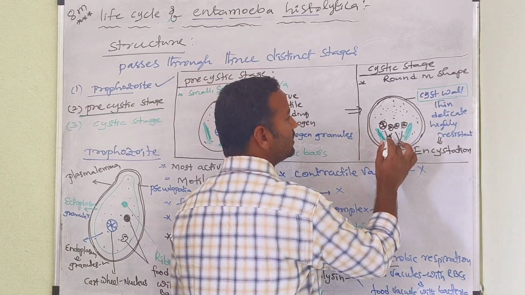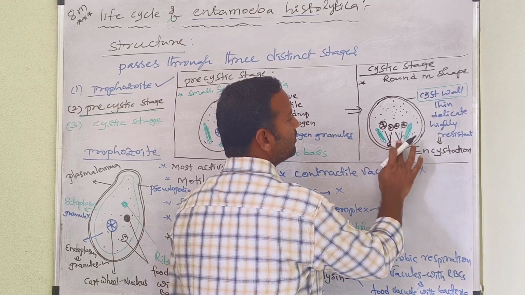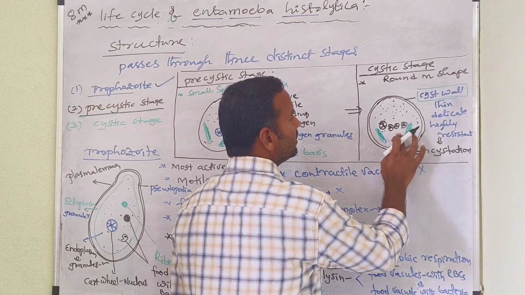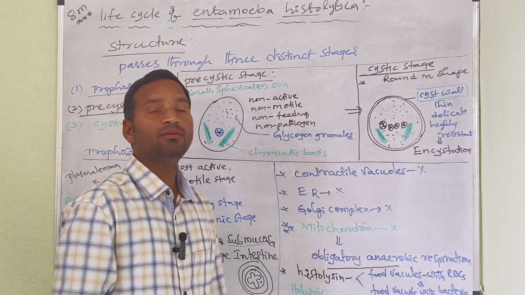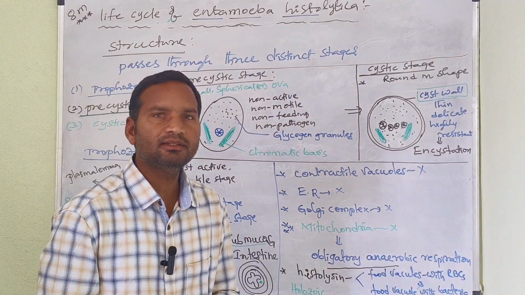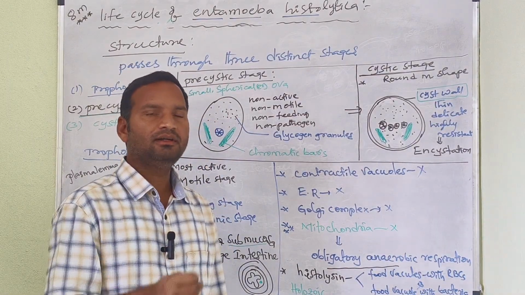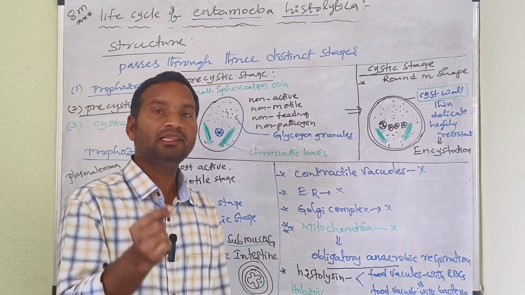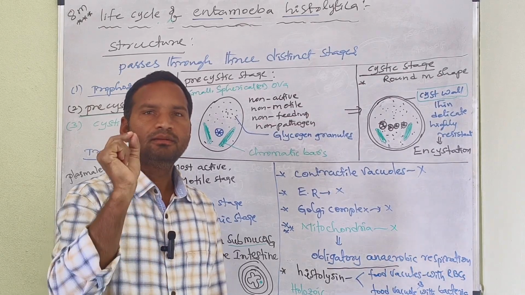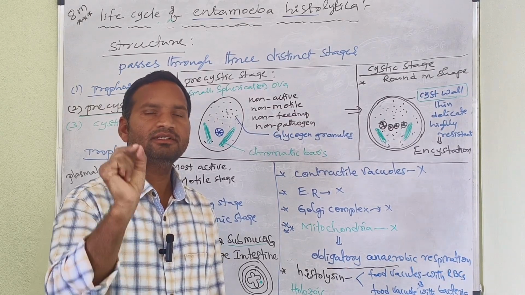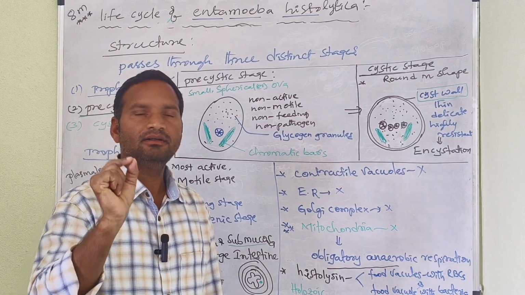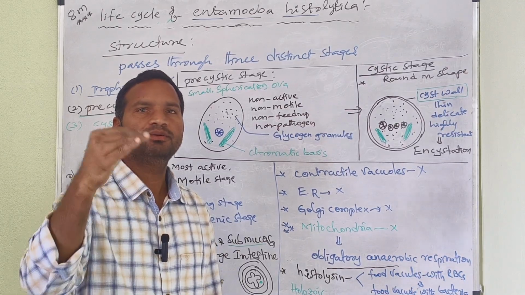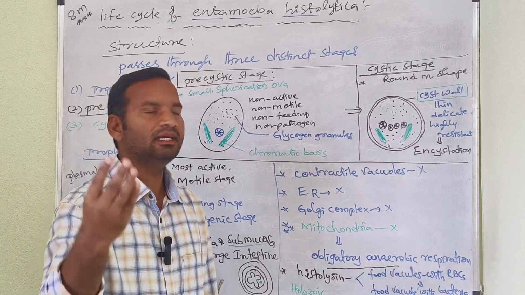Got it? Then those disappear. Now in this stage, how many nuclei are present? Four, by two mitotic divisions. Once again, in this stage, by two successive series of mitotic division, the cartwheel shaped nucleus produces four daughter nuclei.